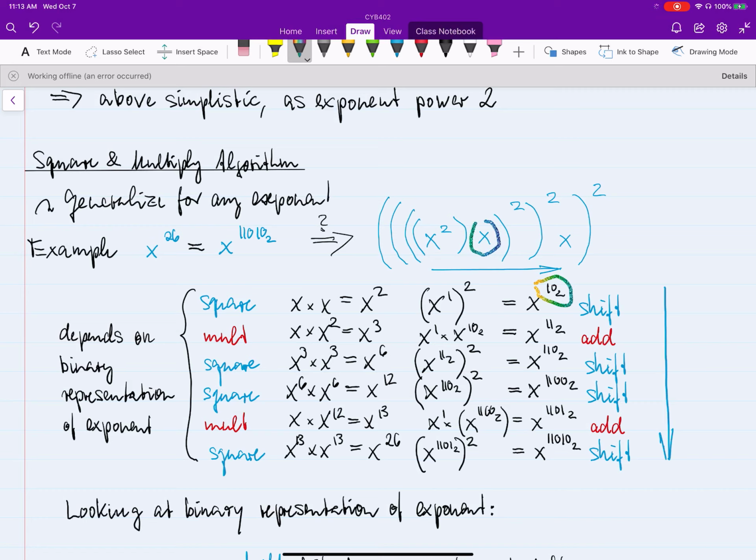So we multiply x. What does multiplying do? We multiply x squared times x, which is x cubed. So what does that do on the exponent side here? As I already mentioned, it means that we add 1 to the exponent.